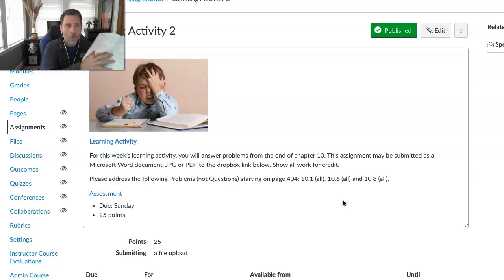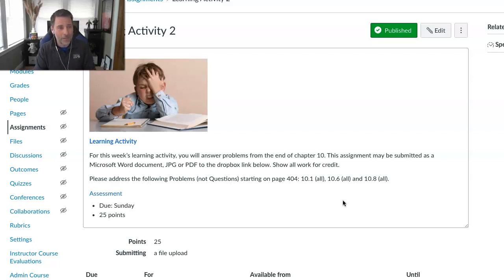The problems are more mathy, more calculatory kind of stuff. The questions are usually definitions, or you're going to write a paragraph, explain why, that kind of stuff. So that is a very important differentiating factor to look at when you're doing the learning activities.